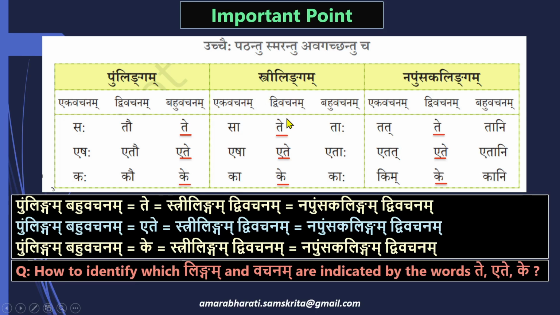If it is strilingam, it is dvivachanam. If it is napumsakalingam, it is dvivachanam. So how do we pinpoint that it is pullingam and bahuvachanam, and not the other two? That is the question we have asked. I give you a few seconds to ponder over this, and I'll then tell you the answer.